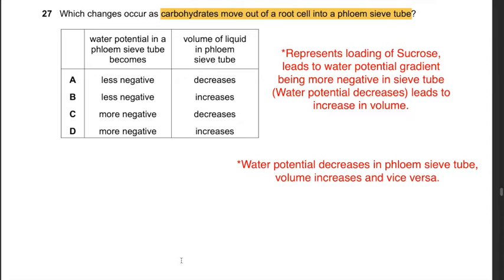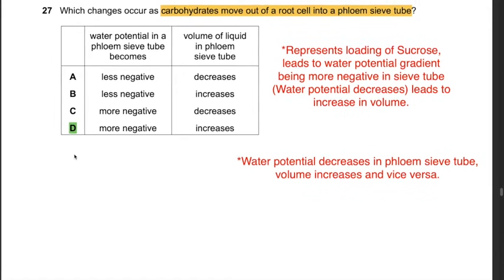When the water potential decreases in the phloem sieve tube, volume increases and vice versa. The answer is option D. Water potential in a phloem sieve tube becomes more negative, as more negative means a decrease in water potential. Volume of liquid increases because a decrease in water potential means water enters the phloem sieve tube. Hence, the answer is D.